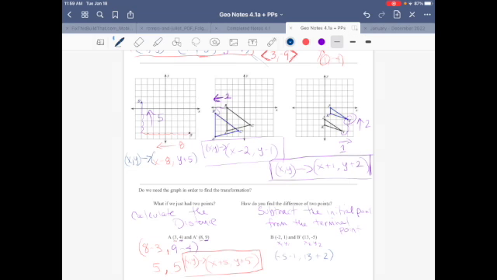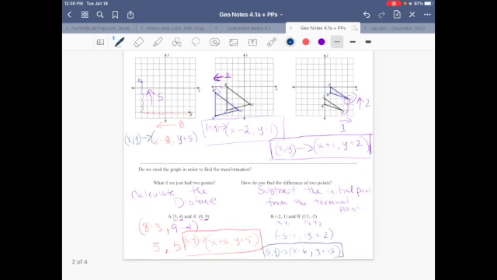So I'm just going to change that right now. So negative 5 minus 1 gives us negative 6. So I'm going to go x minus 6. And then 13 plus 2 is 15, so that's going to be y plus 15. And that's that. That is the whole thing.